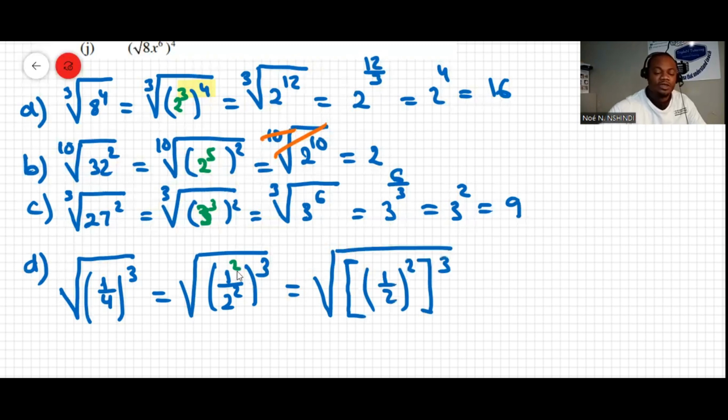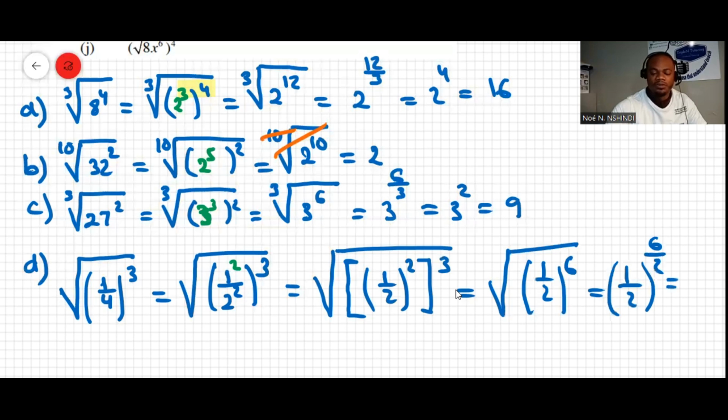Because the numerator and denominator share the same exponent, I can write it like this, I have to the power of 2, and then it was the power of 3, that's why I put square bracket here to the power of 3, to negate the power of 3, and then this will be equal to square root of 1 over 2 to the power of 6, okay, and then this is equal to a half to the power of 6 over 2, and then this is equal to a half to the power of 3, and then that's equal to 1 over 8.